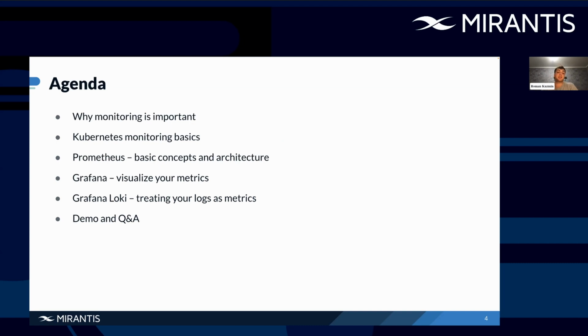So here's the agenda for today's talk. First, we will talk about monitoring in general and why you need it. Then we will briefly take a look at how the Kubernetes control plane performs cluster monitoring and how it uses monitoring of your applications. After that, we will discuss our LMA stack architecture: Prometheus, Grafana, and Grafana Loki.